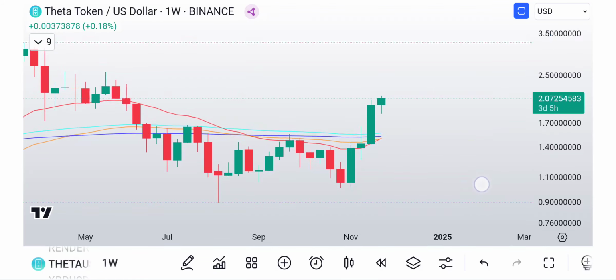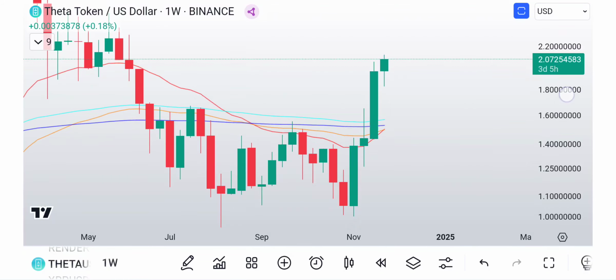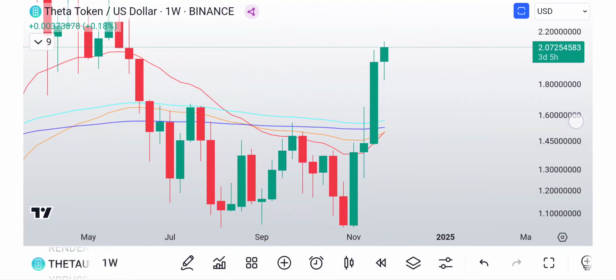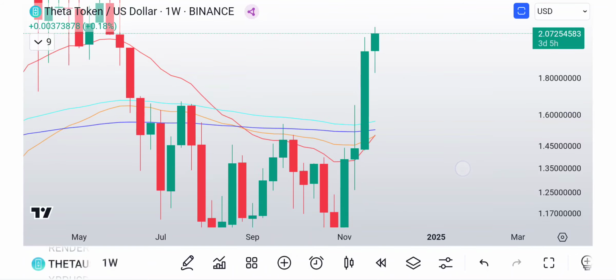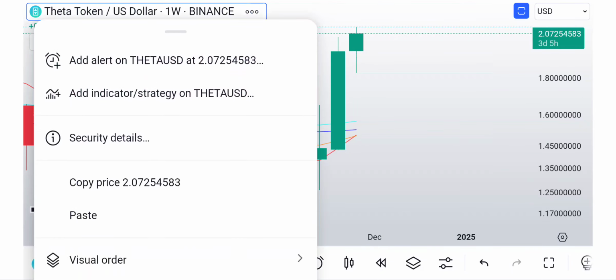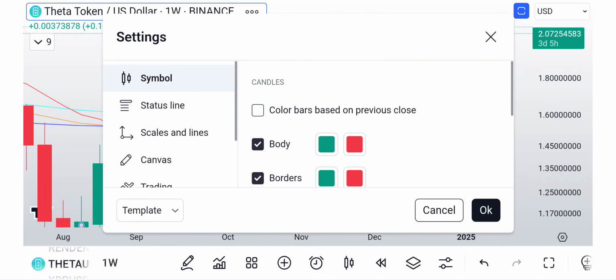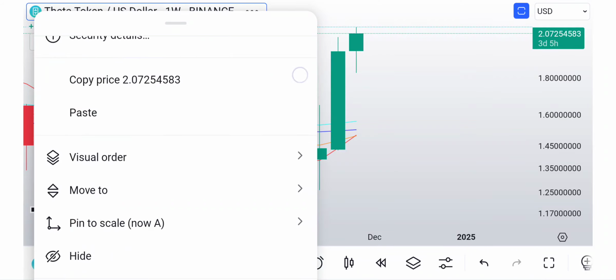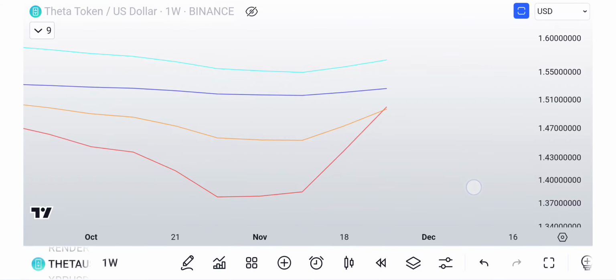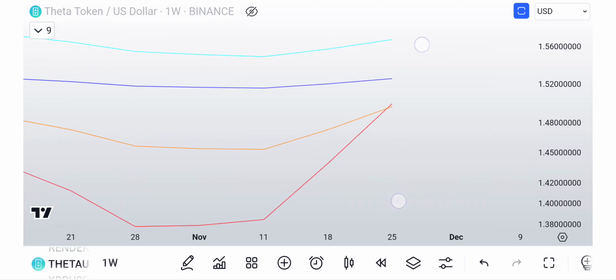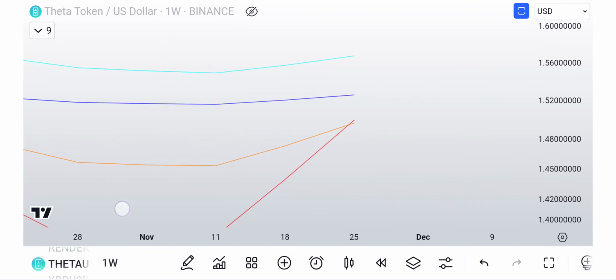All right. So now that we can see the price full on, look at this, man. This is really bullish. Look how tight those moving averages are. They're just so tight. Now we'll take the price off one more time. Now watch this. As we examine it, we can see the 20 is pointing up.